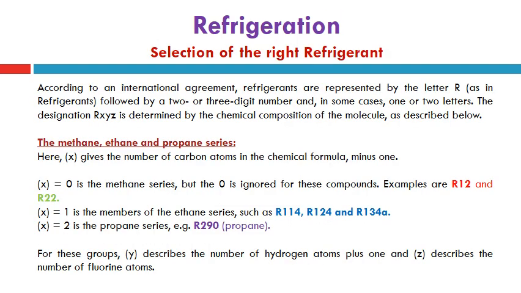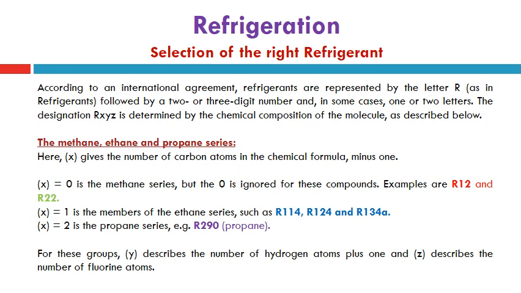According to an international agreement, refrigerants are presented by the letter R, followed by a 2 or 3 digit number, and in some cases 1 or 2 letters. The designation RXYZ is determined by the chemical composition of the molecule, as described below.